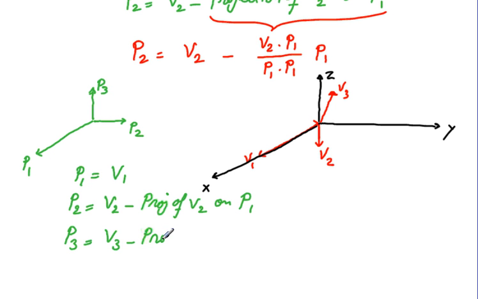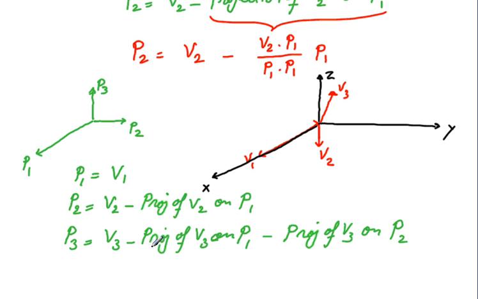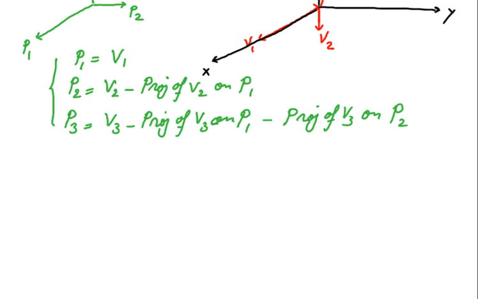So that's going to be projection of the last vector minus projection of the last vector on the very first of these vectors we have created, and then projection of that vector on the second member that we have created. So on the right hand side, the subtractions that we do are the projections on the portion of the system we have already created, and then we go step by step, and if you had more, we just list more of these things.